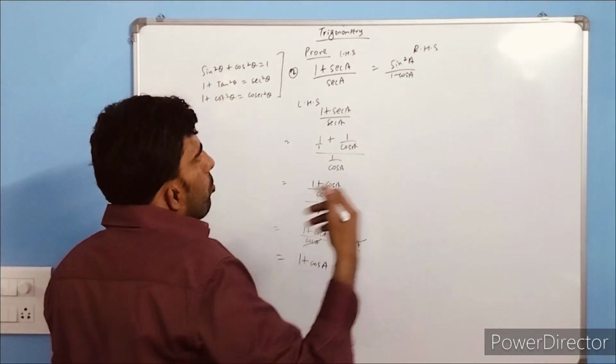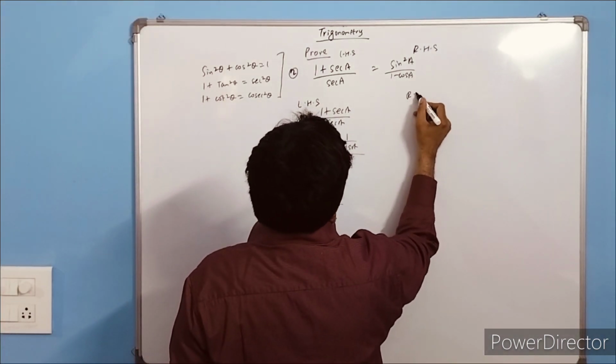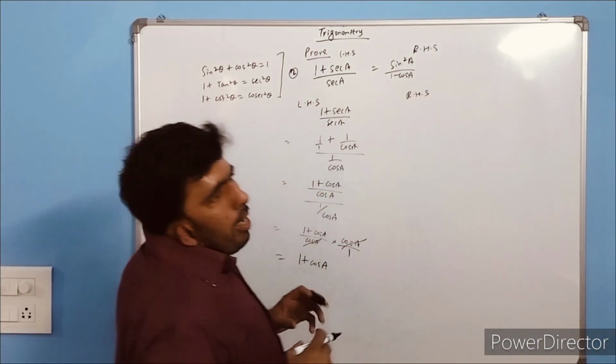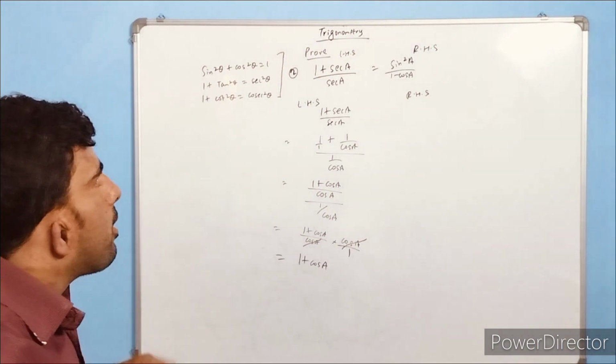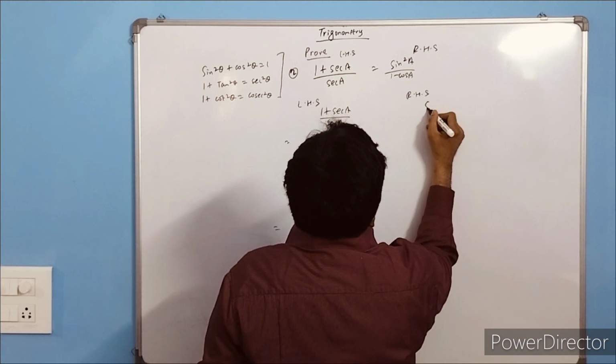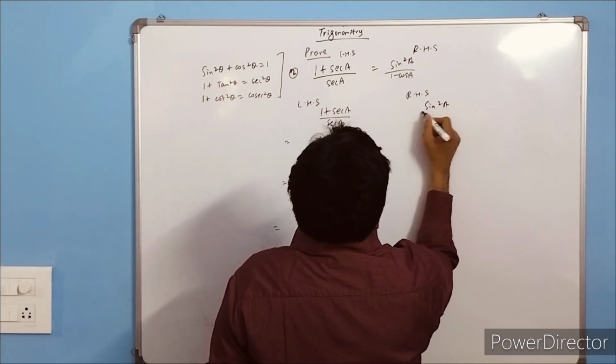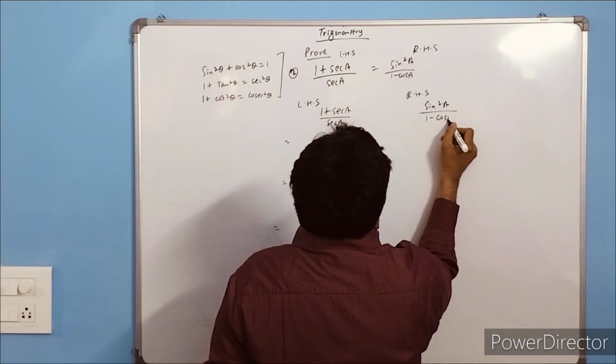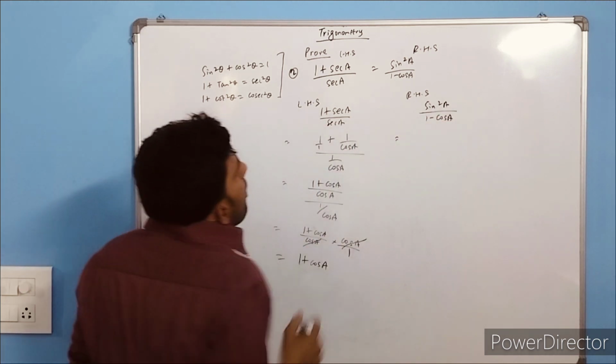Now let's go to RHS, because in some cases we need to solve both LHS and RHS so that we get both equal. Now what they have given in RHS, they have given like this. Now what is sin square A?